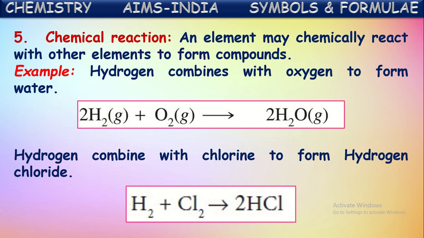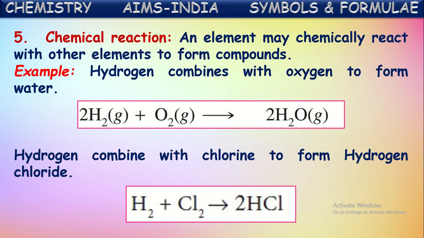They were able to remember those when the number of elements was very low. But as the number of discovered elements increased, it became difficult to remember those symbols. That's why J.J. Berzelius gave a simple method for representing the elements with their symbols, and he put some rules in giving the symbols for the elements.